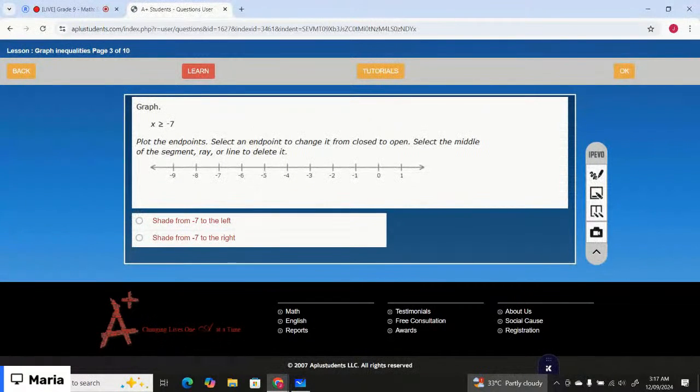Graph x is greater than or equal to negative 7. So which is the correct option?